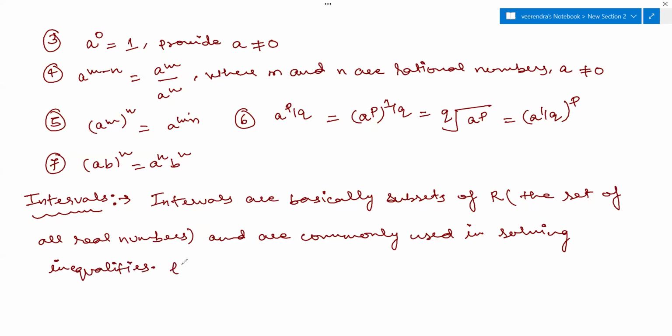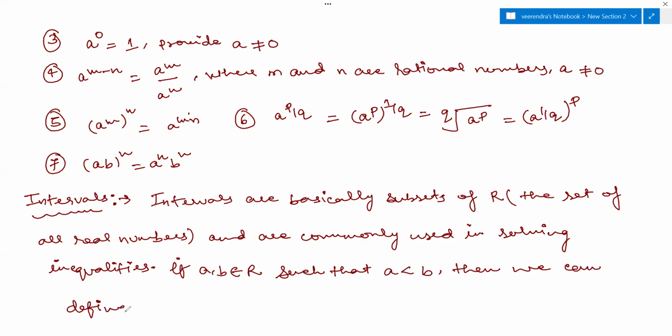If a, b belongs to real number R such that a is less than b, then we can define four types of intervals.